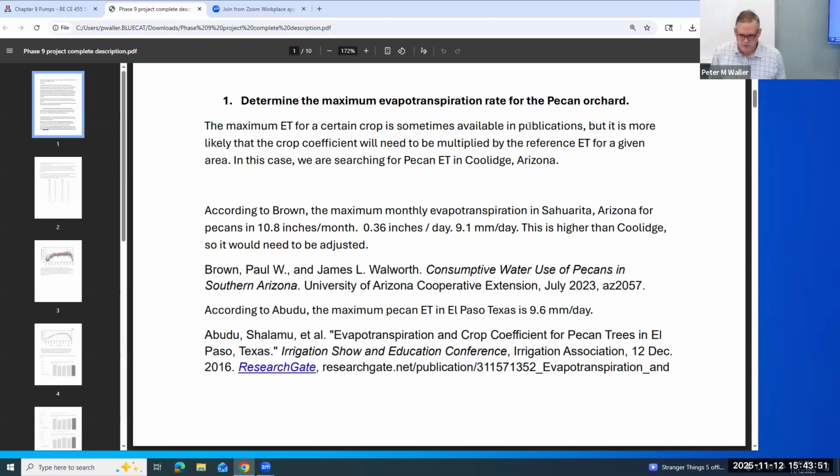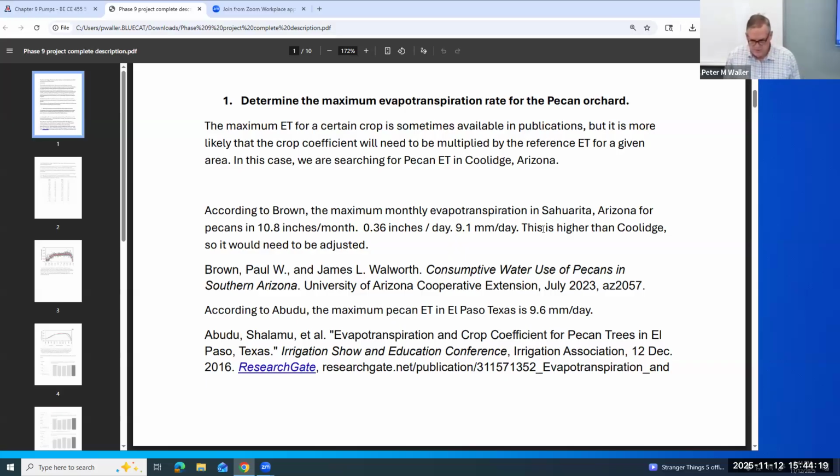Well, Sahuarita's cooler than Coolidge. And so we can't really use that number directly. We could try to adjust it. But anyway, 10.8 inches per month is 9.1 millimeters per day. So you divide the 10.8 by 30 to get 0.36 inches per day, and then multiply by 25.4 to get 9.1 millimeters per day.